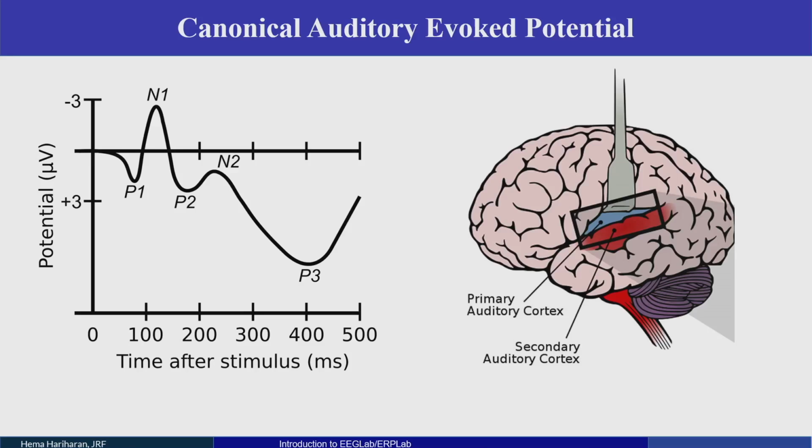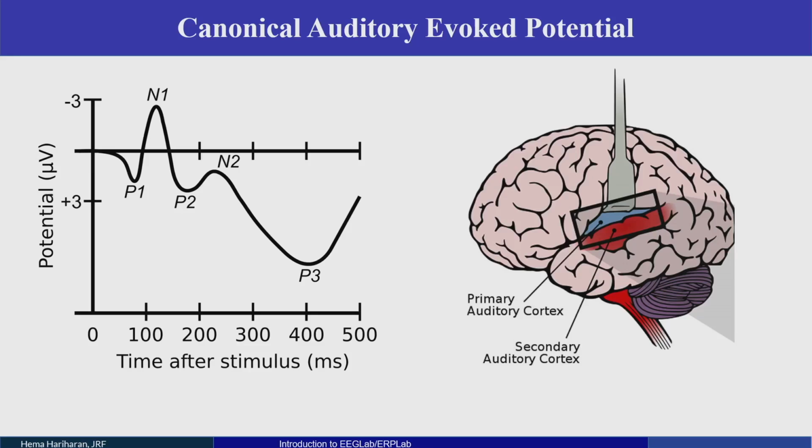If it is there, we can confirm that the auditory cortex is functioning properly in our brain. Here, this red and blue zone, this blue colored area, is called the primary auditory cortex, where the AEPs are specifically generated.